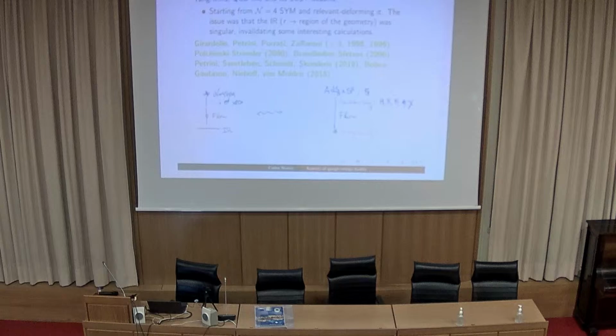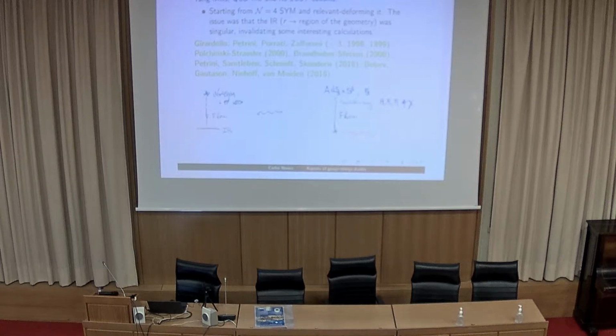So let me start to set the problem, telling something 20 years old, that is how people, since the early 2000s, try to construct duals to field theories that are QCD-like or Yang-Mills-like, supersymmetric extensions of them. There are basically three lines of attack to this problem that people have worked out.